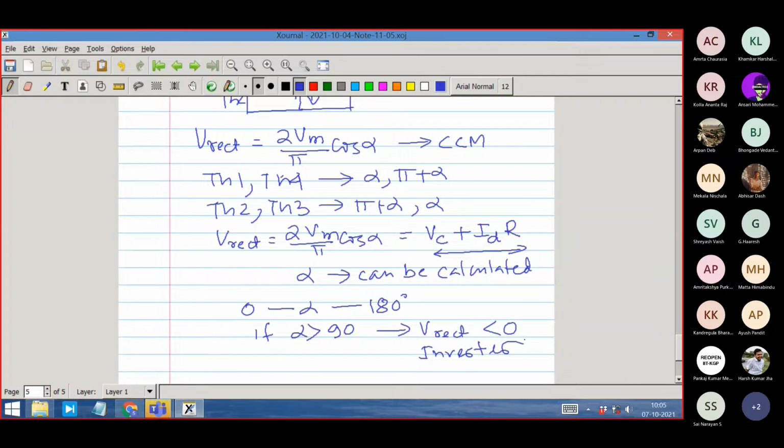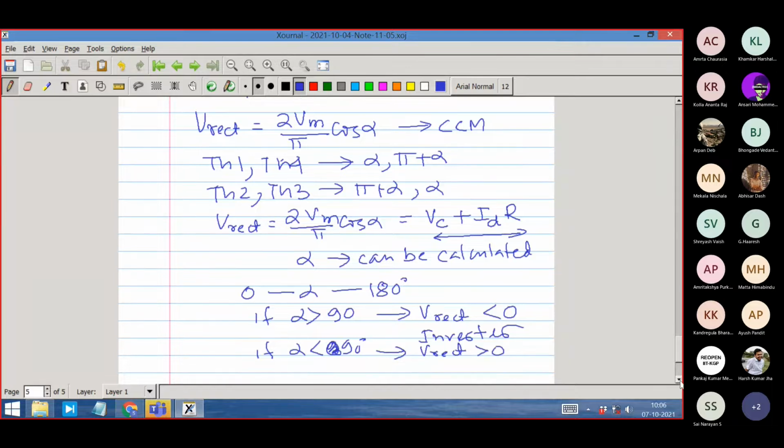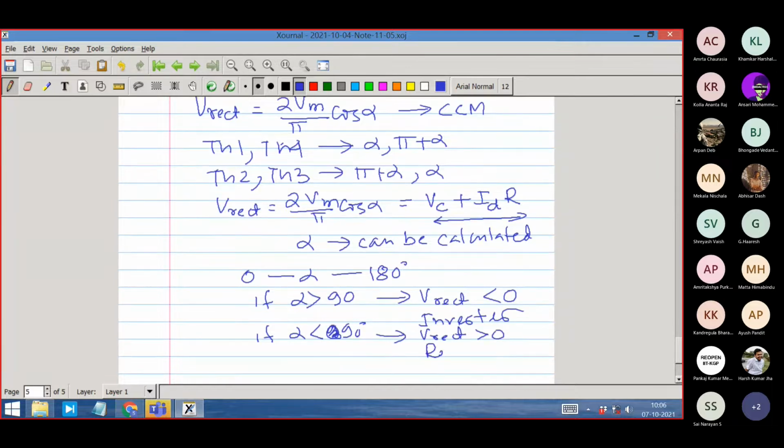When the power is flowing from the AC side to the DC side, we call it rectifier operation. If alpha is less than 90 degree, we get V rectified greater than 0, and we call it rectifier operation.